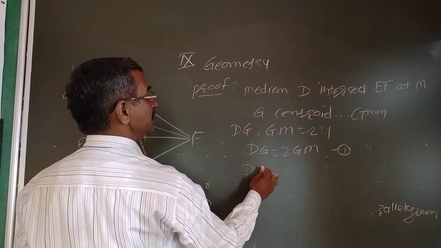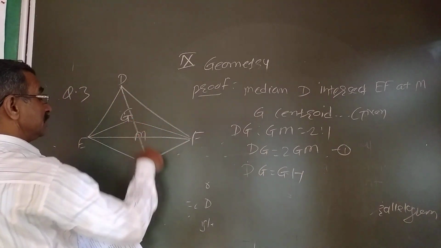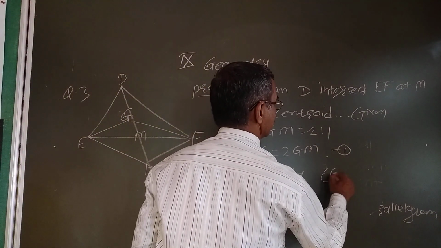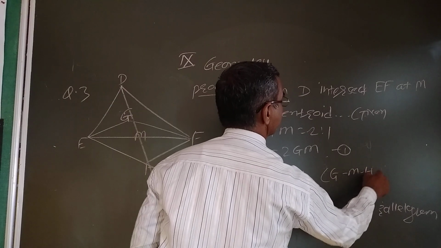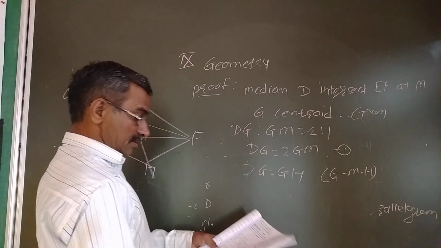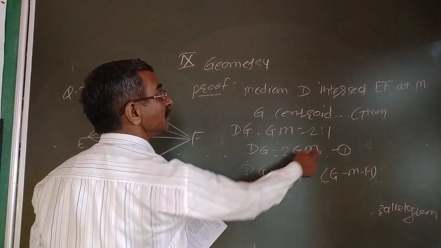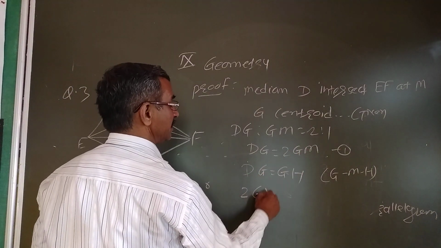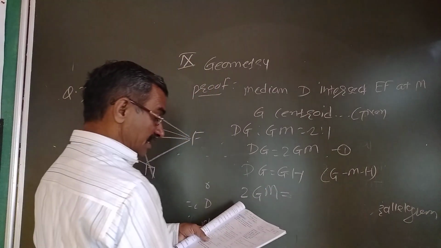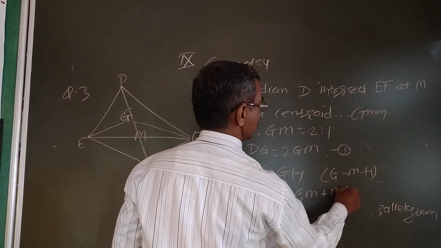Then DG is equal to GH according to the construction. Then DG is equal to twice GM. Using the equation, we put DG as twice GM, and GH is the sum of GM plus MH.